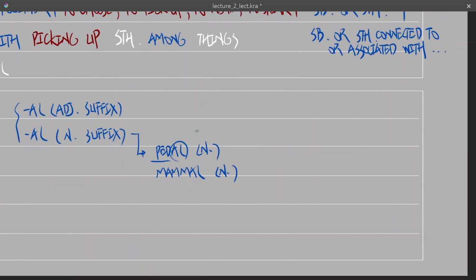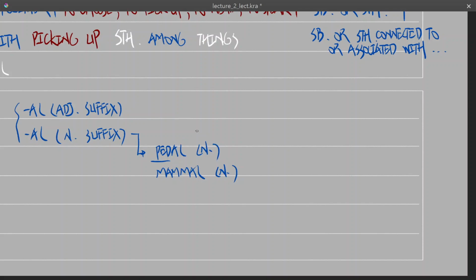So pedal literally means something connected to the foot. What pedal actually means is one of the components of a bicycle that you push around to make the bicycle go forward.